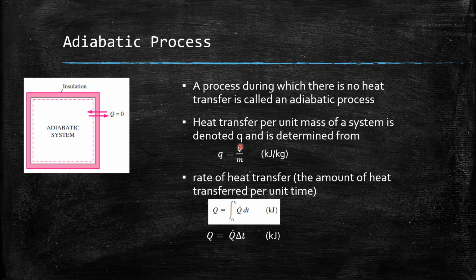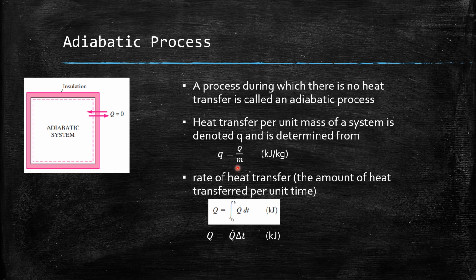Here, this is the heat transfer between two states, which we denote by this variable Q, and here is the mass. So this is the heat transfer per unit mass.